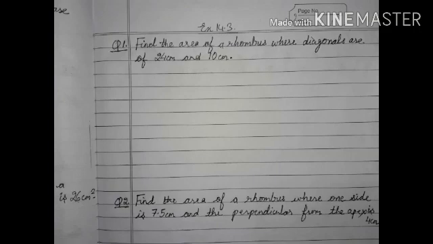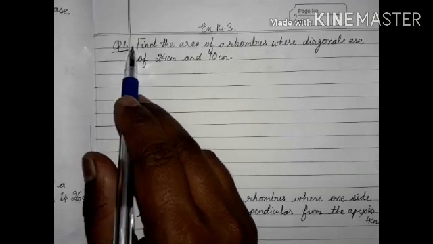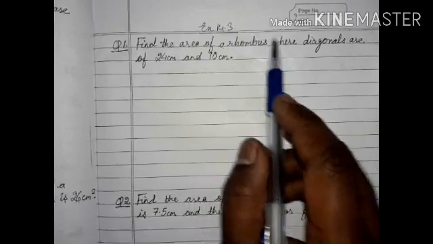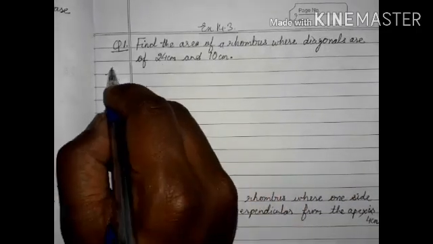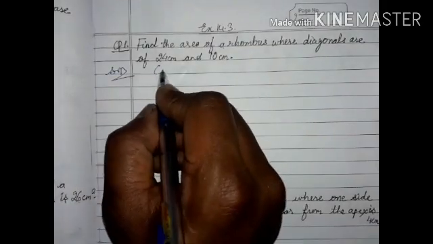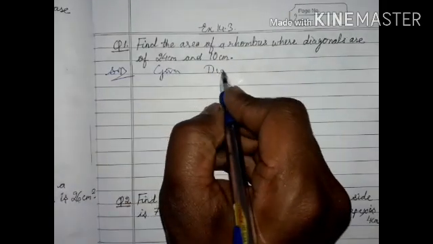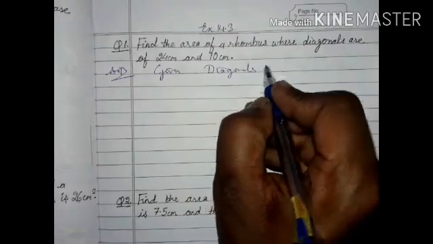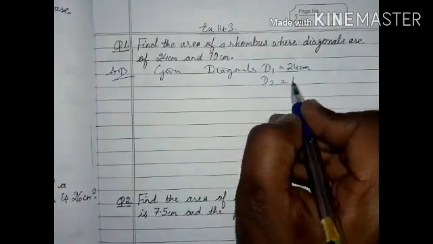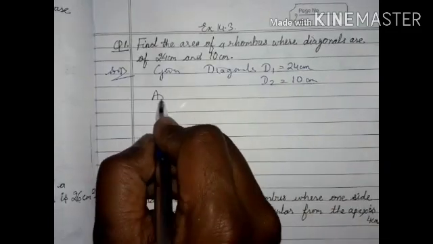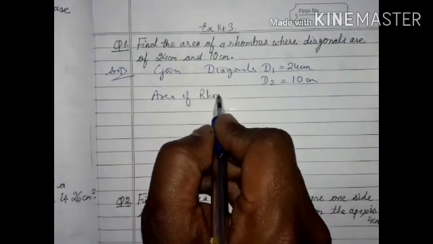Now exercise 14.3 question first. Find the area of a rhombus where diagonals are of 24 centimeter and 10 centimeter. So here in given we have to write diagonals. D1 is equal to 24 centimeter, D2 is equal to 10 centimeter. We have to find here the area of rhombus.